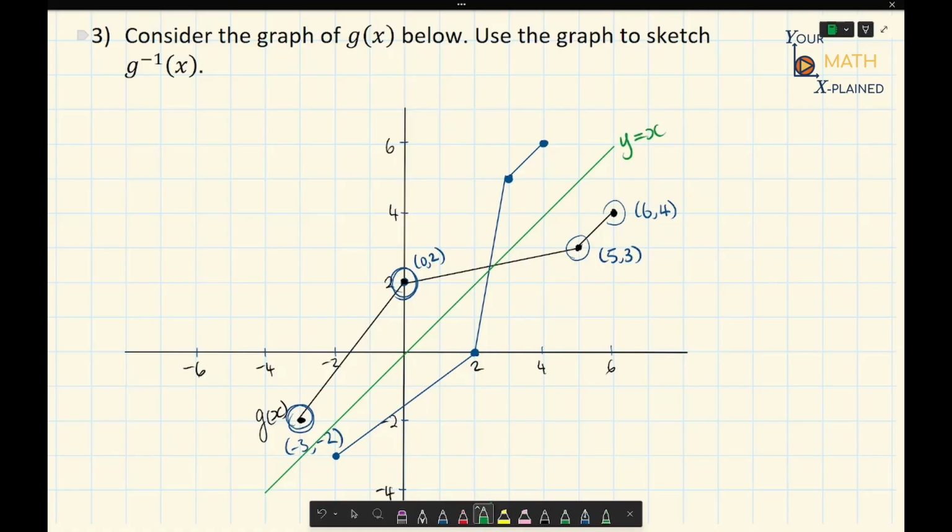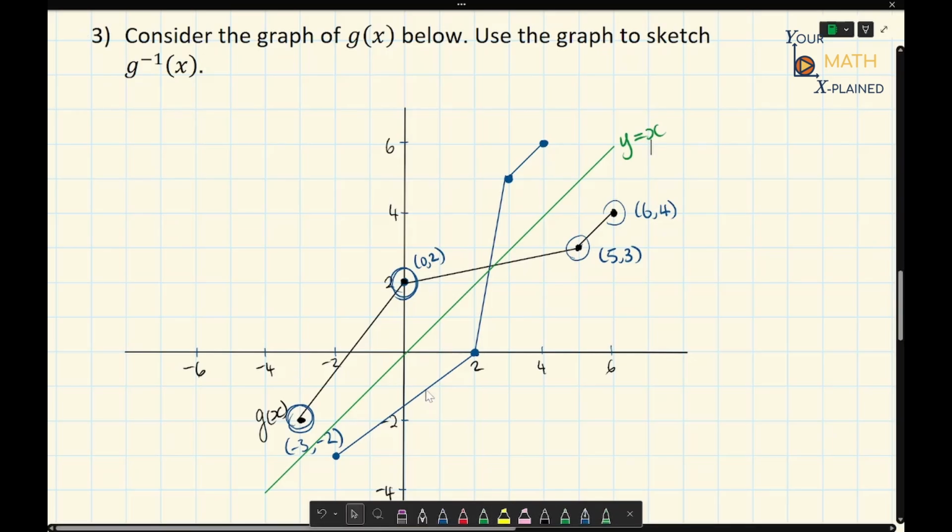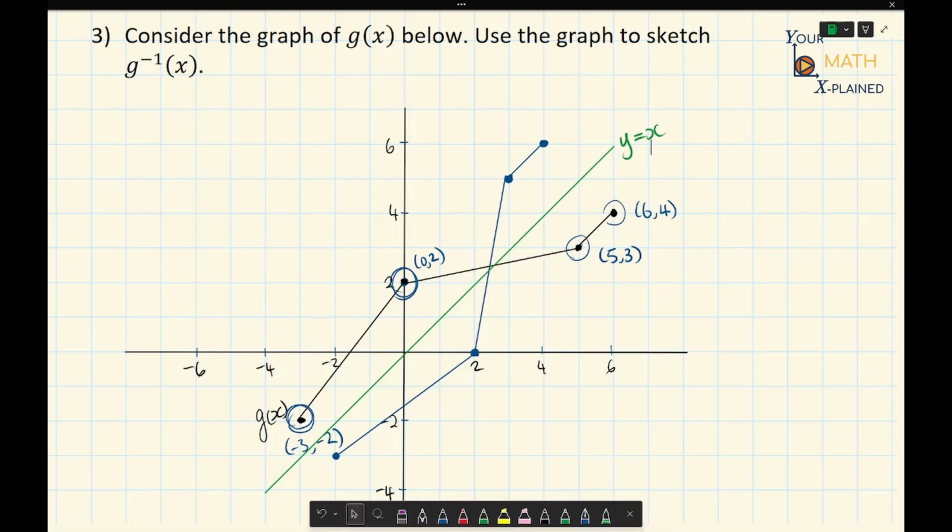Notice how they're mirror images of each other. So that's actually what is happening for inverse functions. The inverse functions are actually just a reflection over the line y is equal to x. So this is also another easy way for you to graph inverse functions. You can go ahead and draw your line y is equal to x, and then just flip the graph over it, and that's going to be your inverse function.